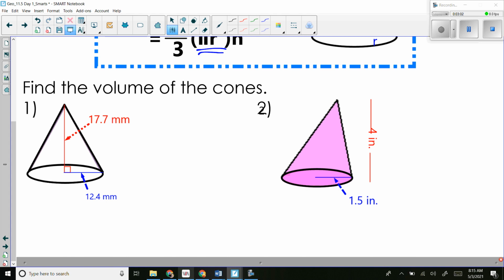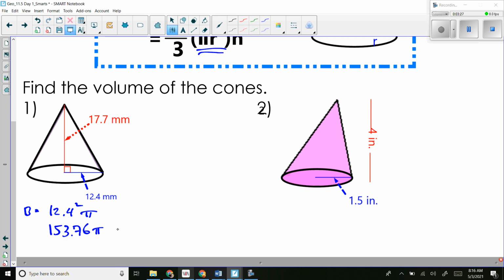Well, here our radius is 12.4. So if I want to find the area of the base, I need to do 12.4 squared times pi, or pi r squared. And this gives me a base of 153.76 pi.